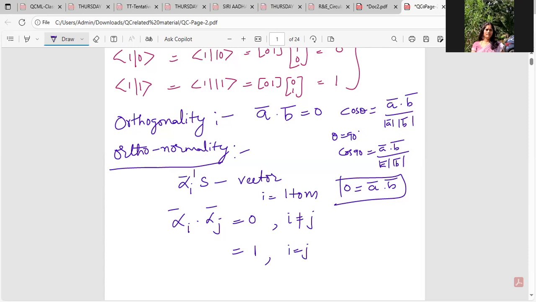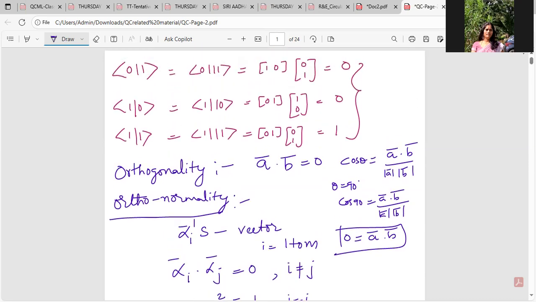In other words, the dot product between two different vectors would be 0. And when I'm talking about the dot product between the same vectors, where i is equal to j, it's nothing but the distance, right, guys? And the distance is 1.